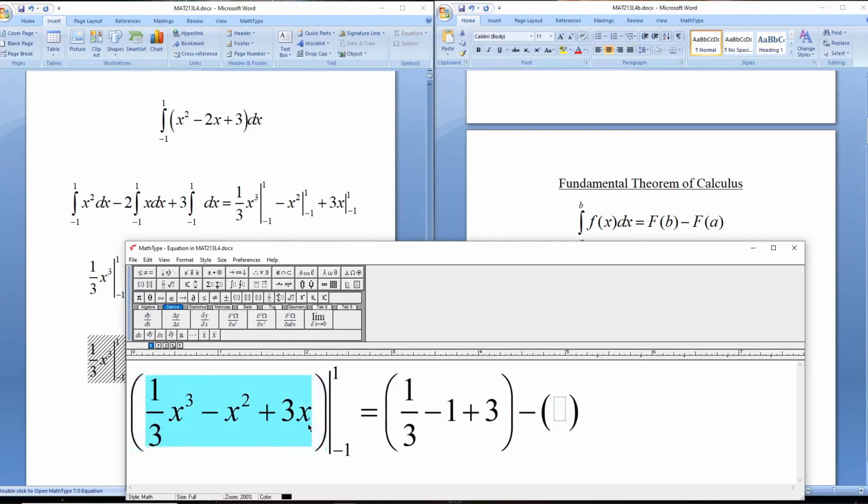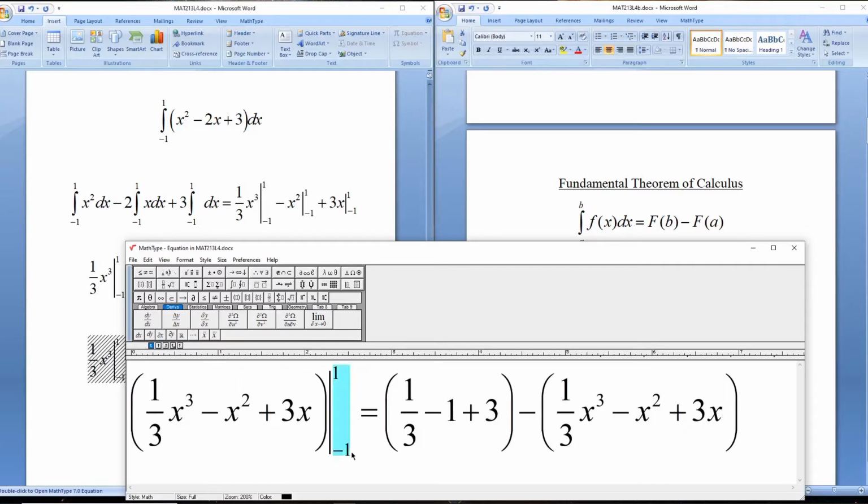We're going to take the function again, our antiderivative, and now we're going to plug in minus 1. So minus 1 cubed is minus 1. Minus 1 squared is 1. And 3 times a minus 1 would get us a minus 3.